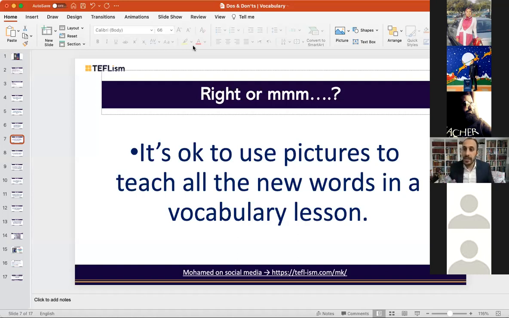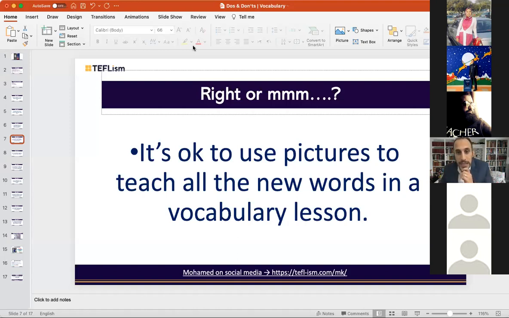And better than that, if you can provide the real thing, that's what we call realia. A wallet, an empty wallet. Anyway, so yes, a picture or realia, if it is concrete.